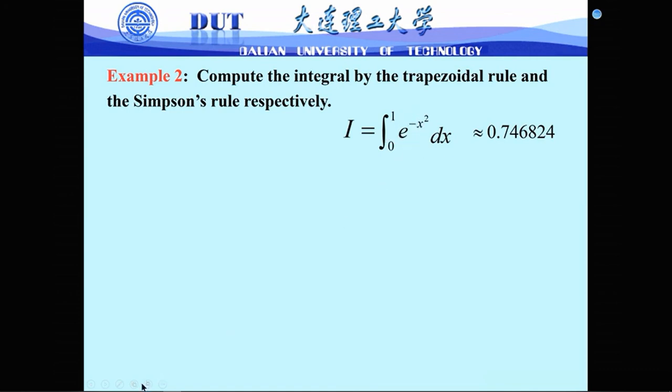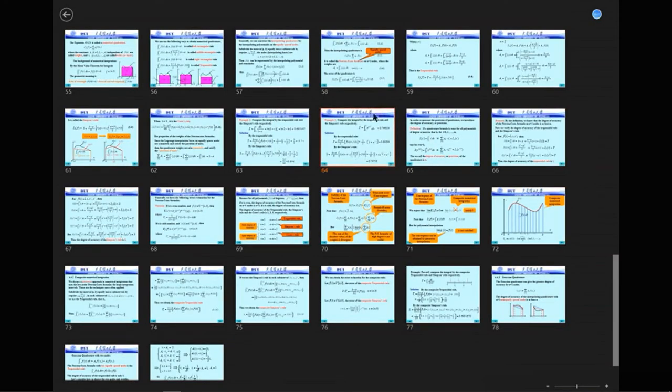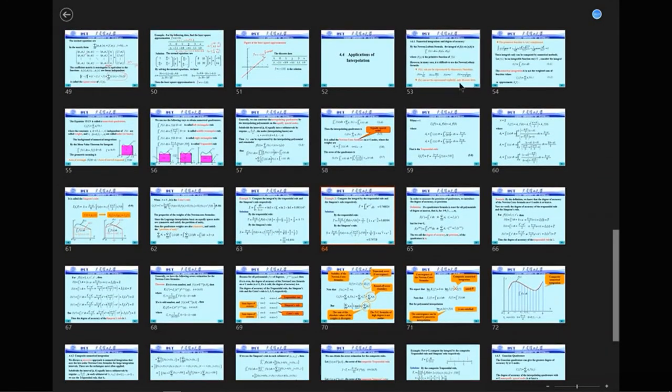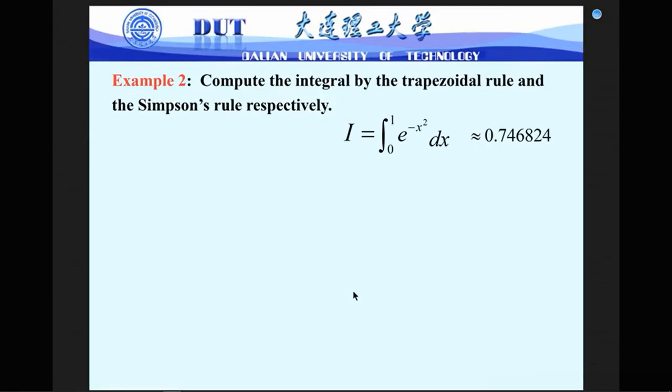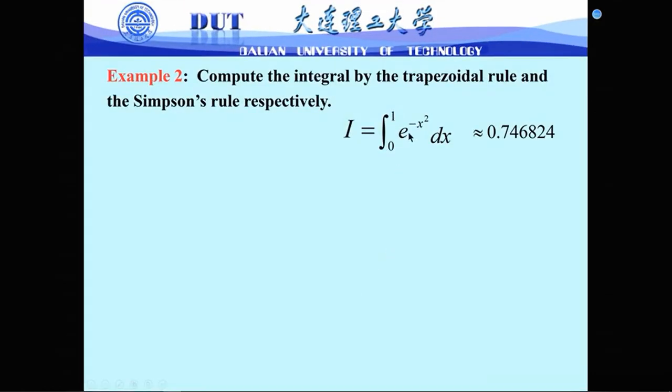Here, for this f(x) integrand function, we cannot find its primitive function by elementary functions. So, in this example, we cannot use the Newton-Leibniz formula, right? This is a counter example. Okay, so here we have to use this numerical integration.